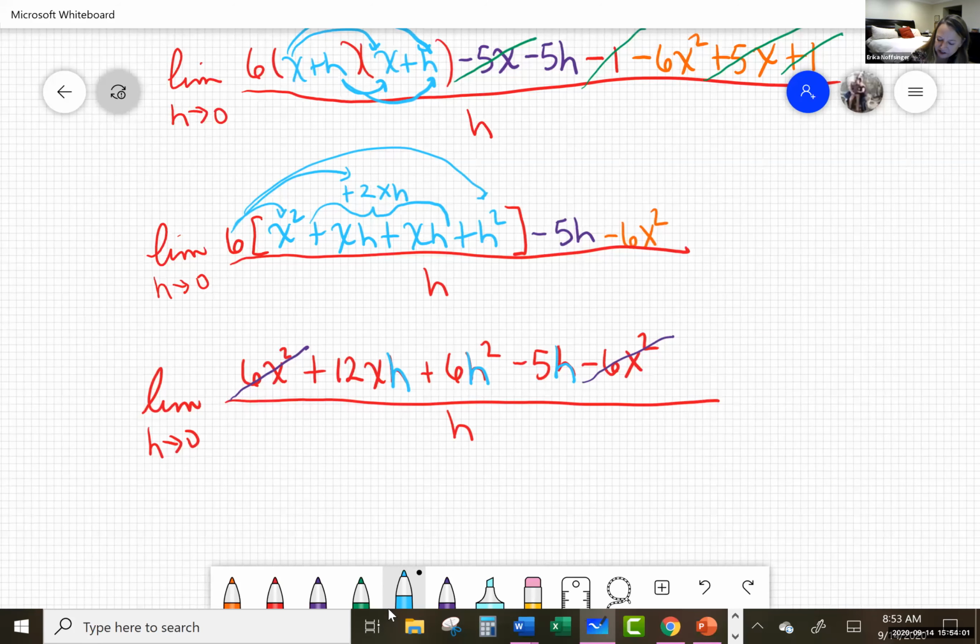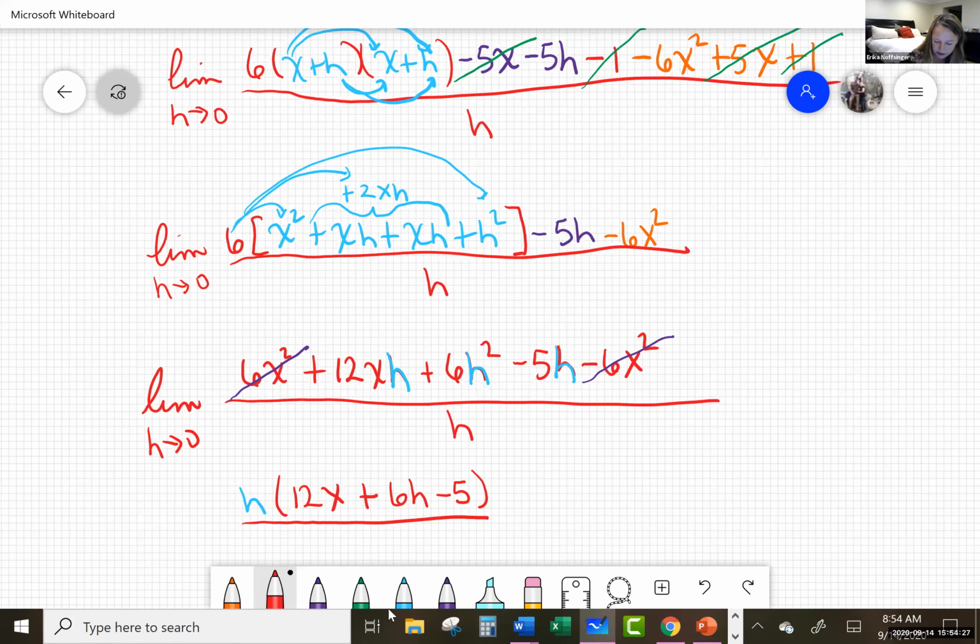If you pull out an h from the 12xh, that's a 12x, plus, if you pull out an h from the 6h squared, that's a 6h, and if you pull out an h from the minus 5h, you're left with minus 5, all over h. And I definitely need to bring down that limit because I haven't taken it yet. Notice you have an h in the numerator and an h in the denominator, that now cancels.